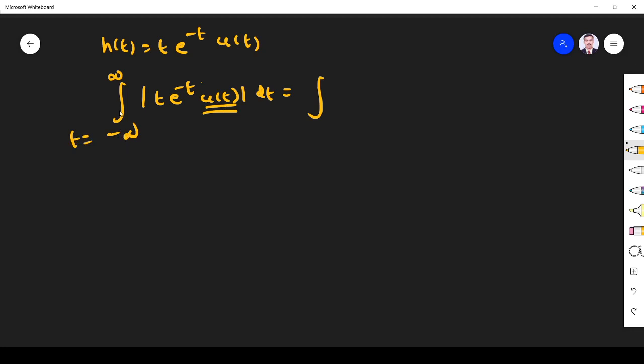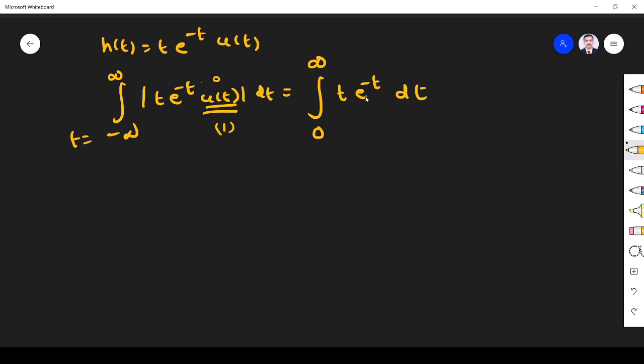This integration is from minus infinity to plus infinity, so we just change the integration to 0 to infinity. Why? When you go for t less than 0, this will become 0, u of minus 1 is 0, u of minus 2 is 0. So integration will become 0. No need to find it. So t into e power minus t into dt. When t varies from 0 to infinity, u of t value is 1. That's why we made it 1.